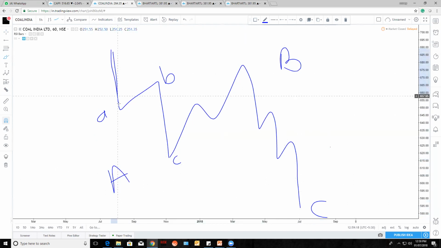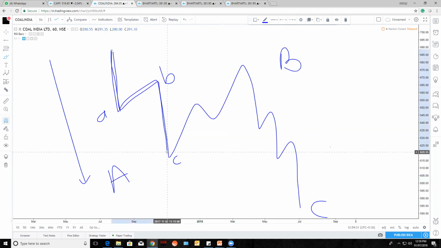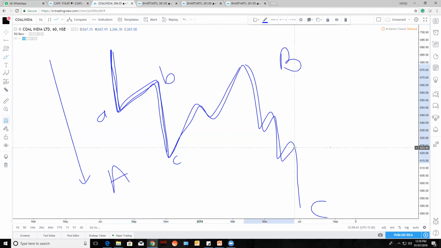So in a flat, this A wave cannot be a triangle, and never be a diagonal. It will be a simple flat correction, ABC. It only has a 3-wave structure. After that there is a correction for the B wave, and after that it will be a C wave. C wave is always, again, an ending diagonal or an impulse.